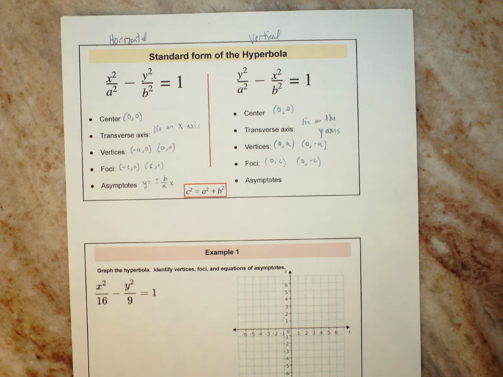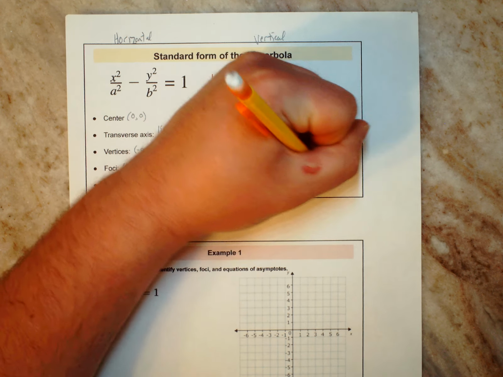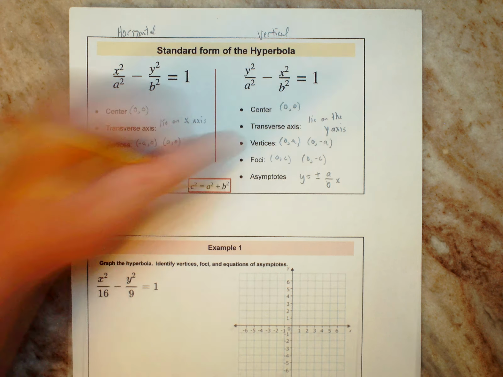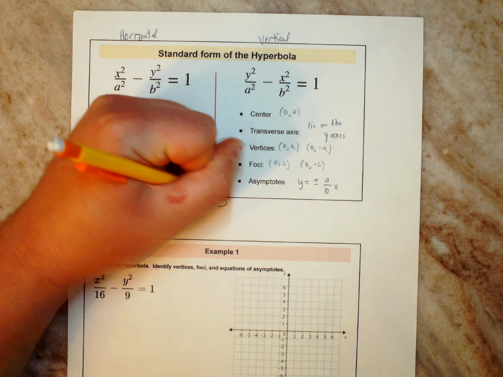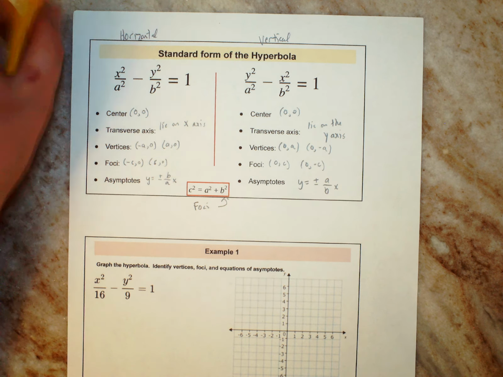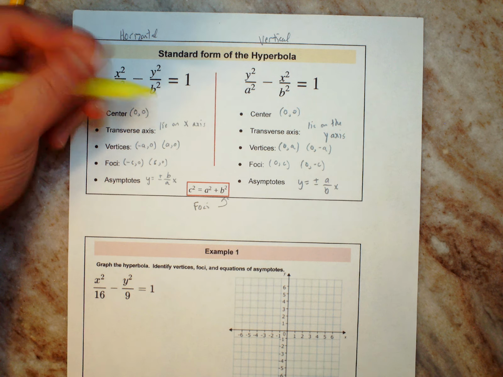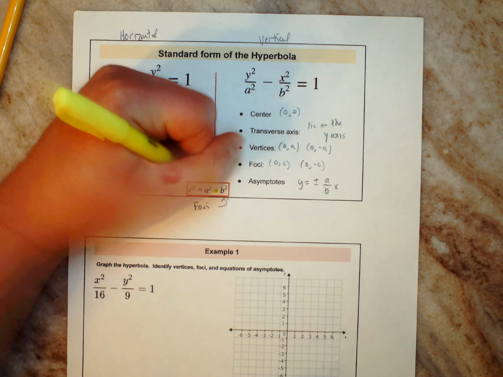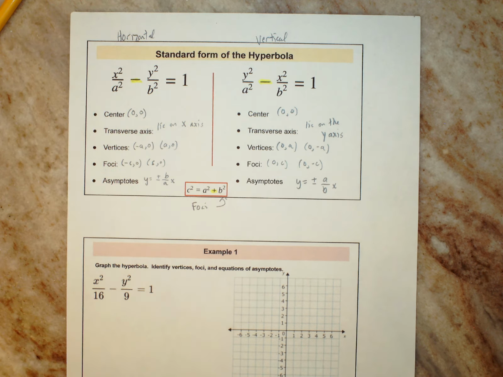And our asymptote equations are going to be y equals plus or minus a over b x, and I'll explain that a little more later. This equation down here is for the foci. That helps you get the c value. Now, another key difference between the hyperbola and the ellipse. For the ellipse, it was a squared minus b squared. Now we have a squared plus b squared. So again, these are all opposite for the hyperbola.